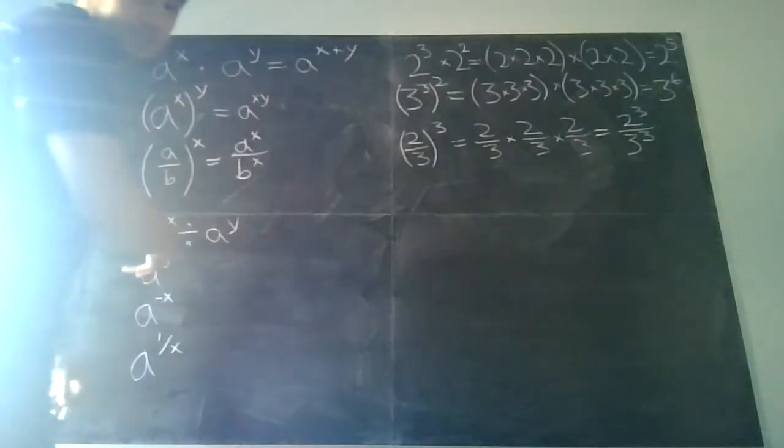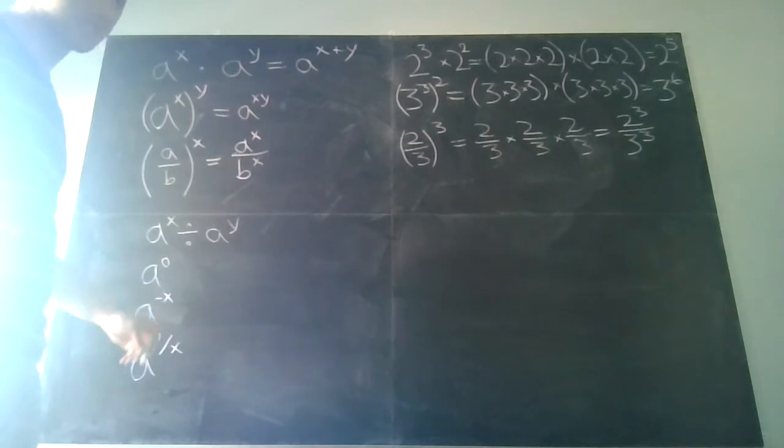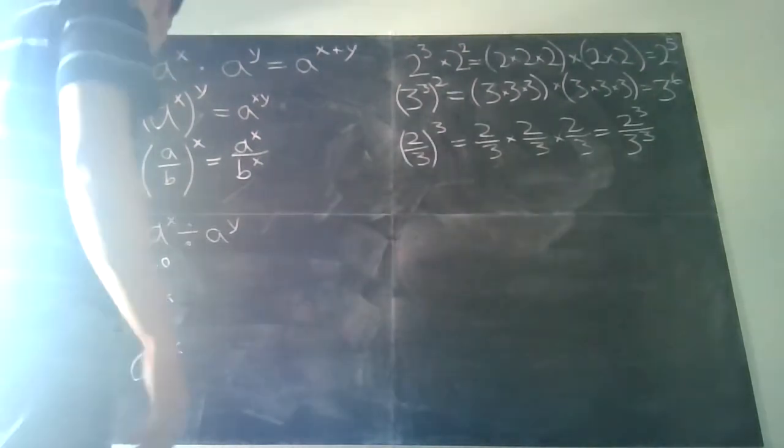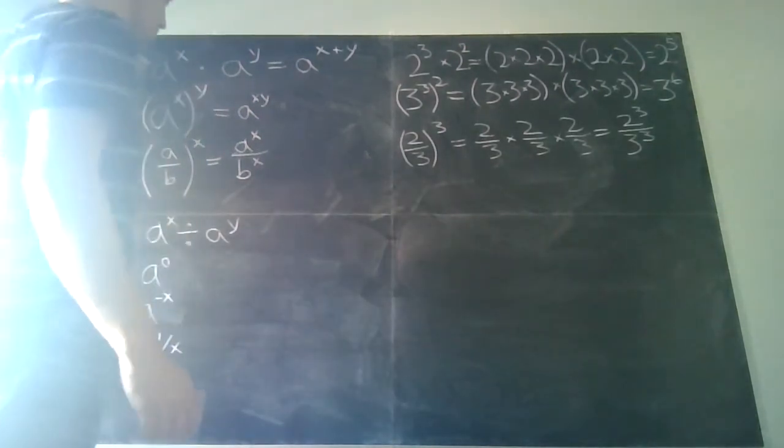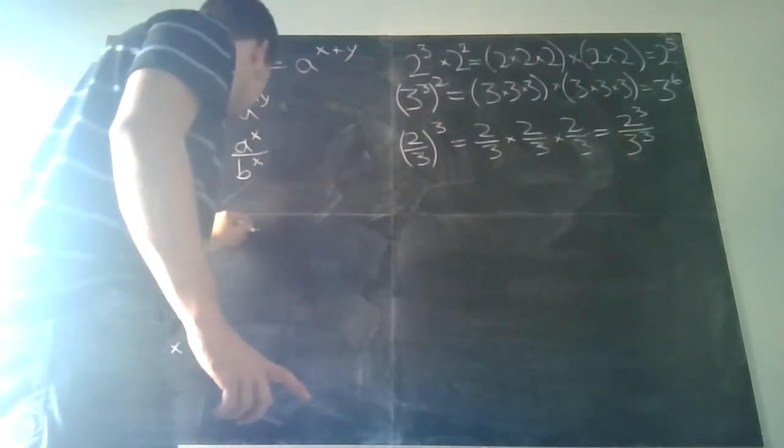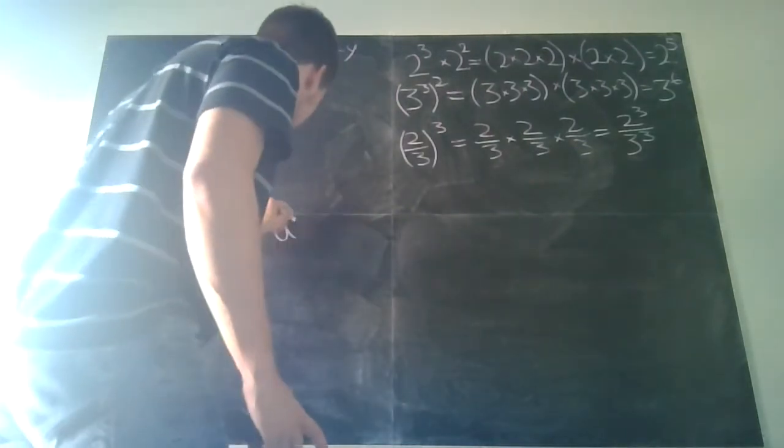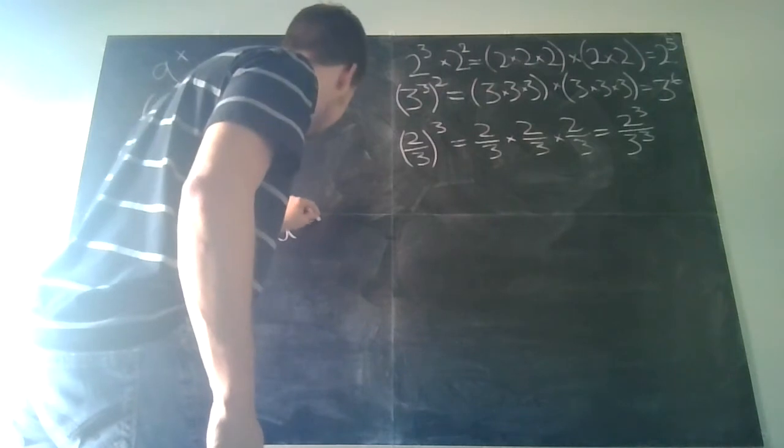Now that we're on the bottom side of the board, we have a^x divided by a^y. And this one's just a mirror of the first one. That equals a to the power x minus y.